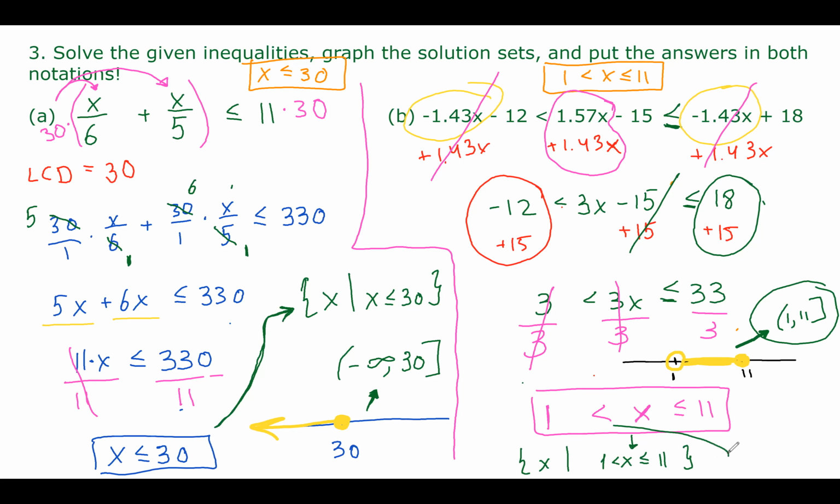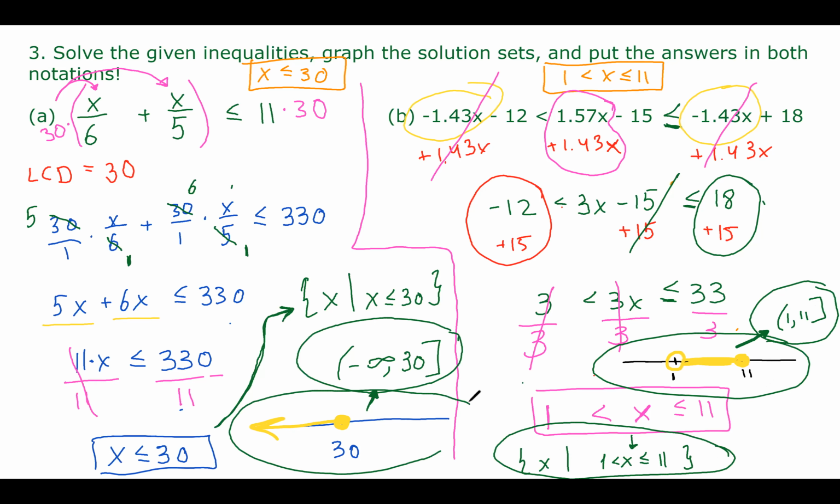So that's my set builder notation. And that's our graph. So three things: graph, set builder notation, and the interval notation, as well as here, right? So we had interval notation, the graph, and the set builder notation.